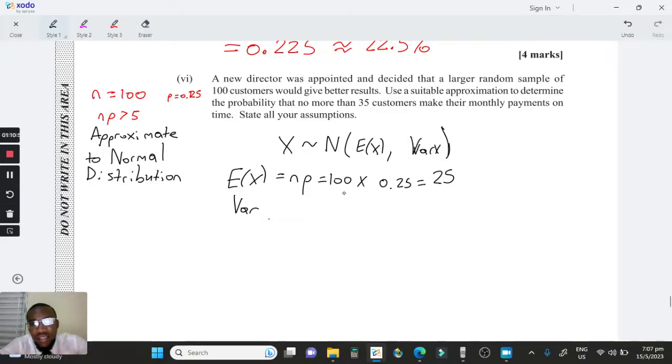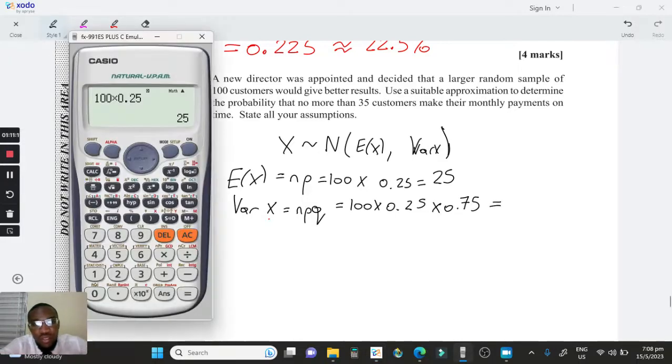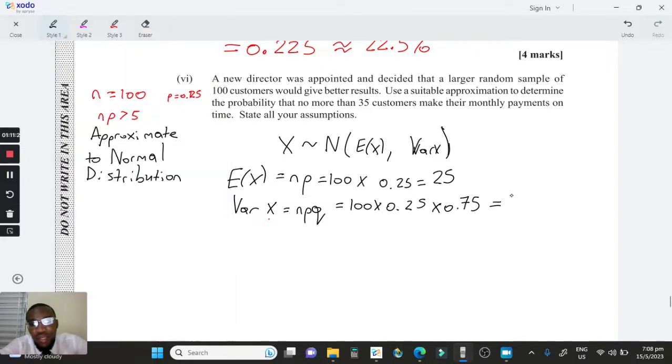Now var x is n times p times q, which is 100 times 0.25 times 0.75, and we get 18.75. That's our var x. So that means x follows a normal distribution of 25, 18.75.